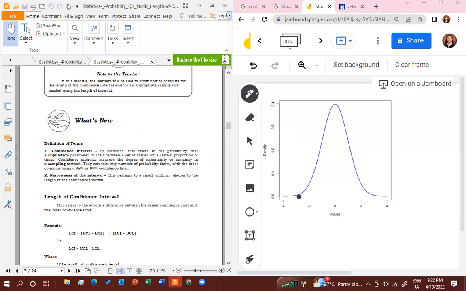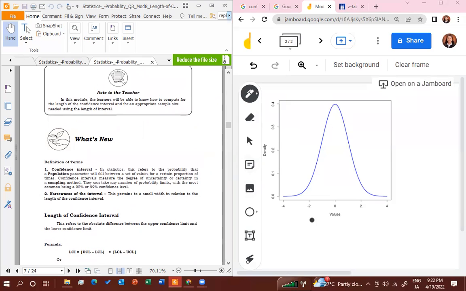So when we compute a confidence interval, it lies between this value and this value. This length in between is the length of the confidence interval. It is the range of your values that fall under this area under the curve.